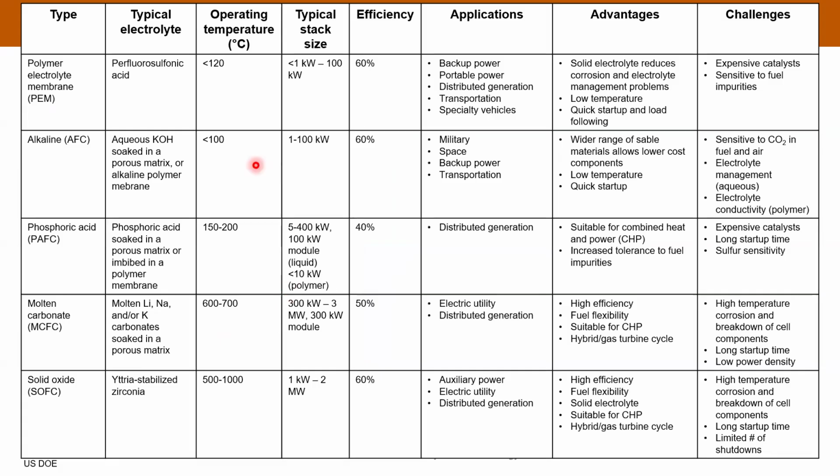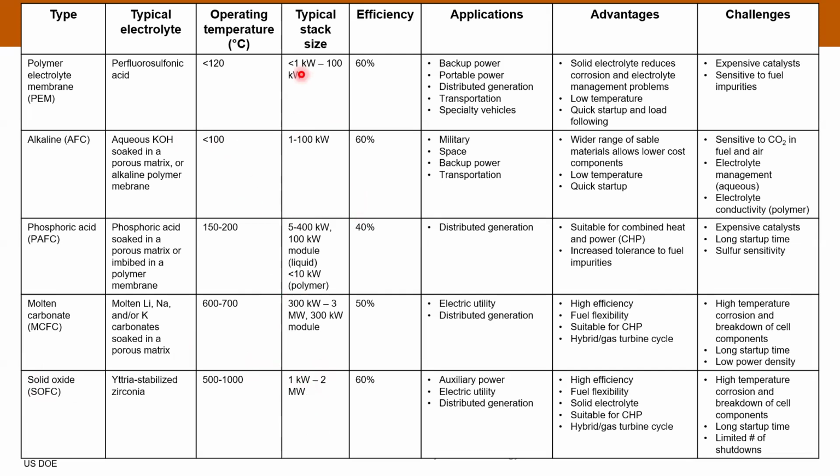There's a whole bunch of different types of fuel cells, and they can be stacked to give you different amounts of power. As an example, a solid oxide fuel cell can go from kilowatt to megawatt scale. So that's something you could maybe use for a utility scale installation.